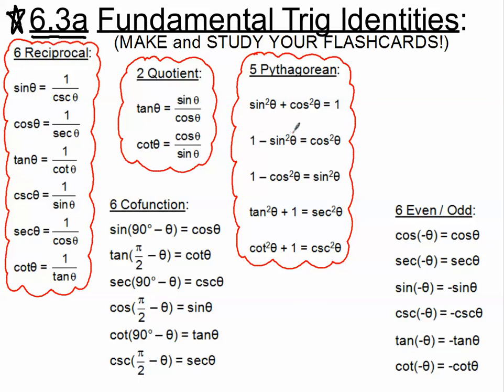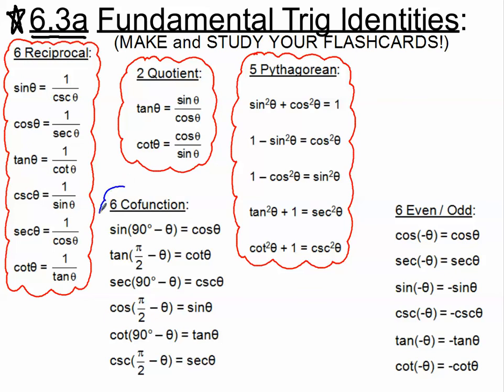This goes on the front. Flipping your flashcard over is the equal sign, and then on the back would be the right side of the identity, cosine squared in this case. Please make sure you have those and you're studying them. If you want to label each of them by what they are, whether they're Pythagorean or cofunction or quotient, that's absolutely fine with me. There are 12 more that we're going to introduce today.